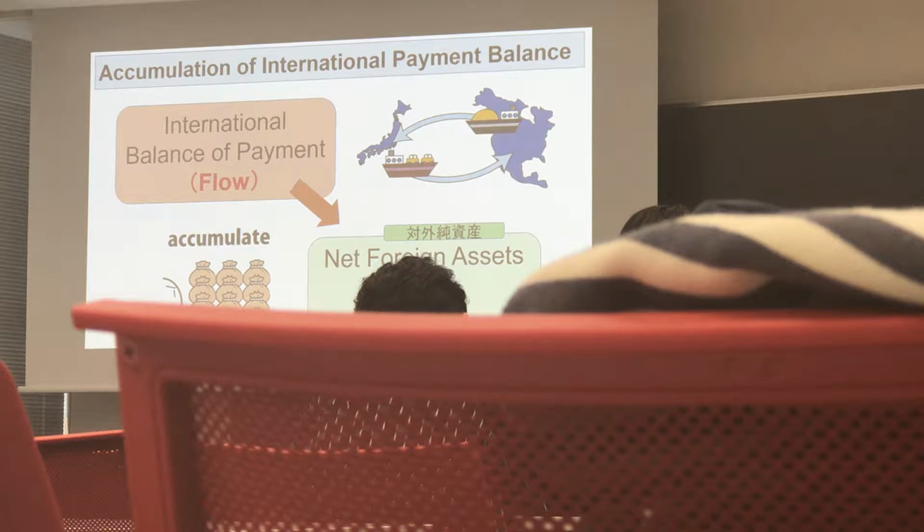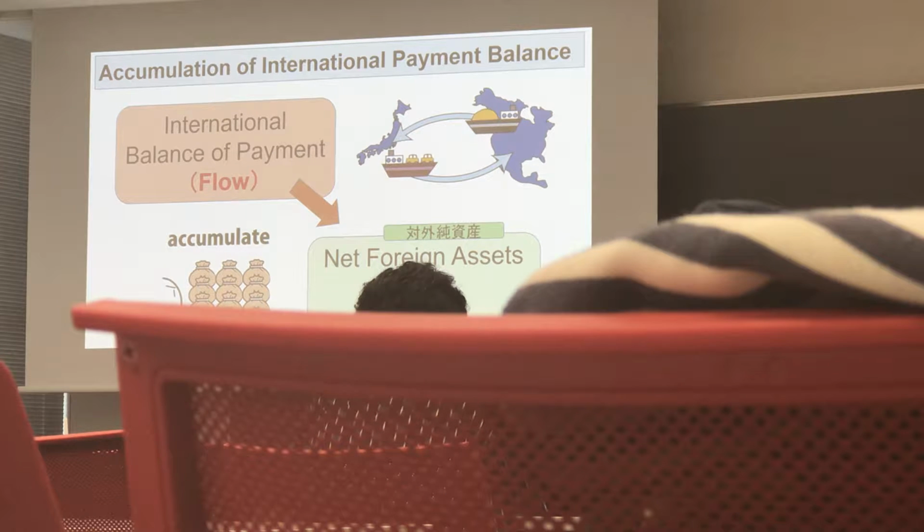And in the course of the trade surplus, like the case of Japan in the past, they earned from exports to the United States and other countries. Such international balance of payment should be accumulated to result in the net foreign assets, or NFA.